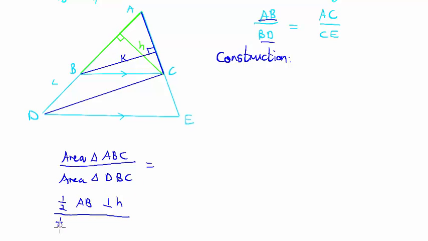Sorry, not AB, for DBC the base is DB, but it has the same perpendicular height. Now notice, these will cancel, and I'll be left with AB over DB, or BD. You see that? That is the one fraction I'm going to look at.